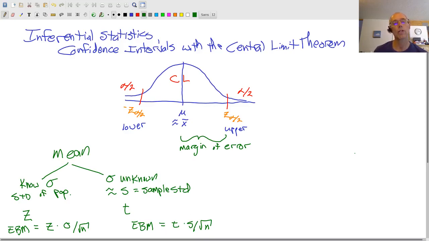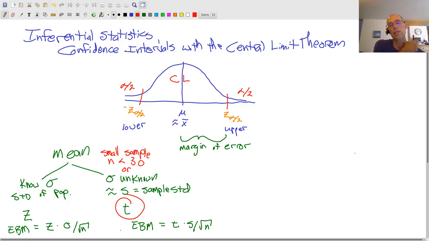There is one other case that we would use a t-score instead of a z-score. And let's make that in red. So if sigma is unknown, or you have a sample size that is less than 30. So if you have a small sample, you would also jump to a t-score. Okay.